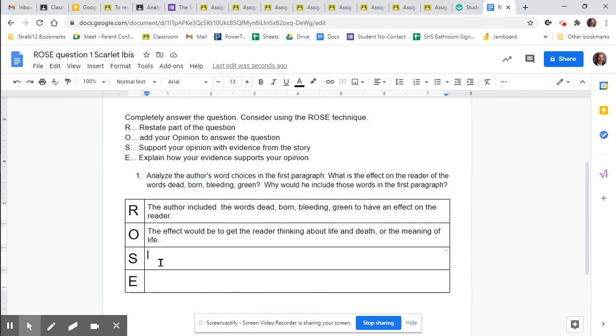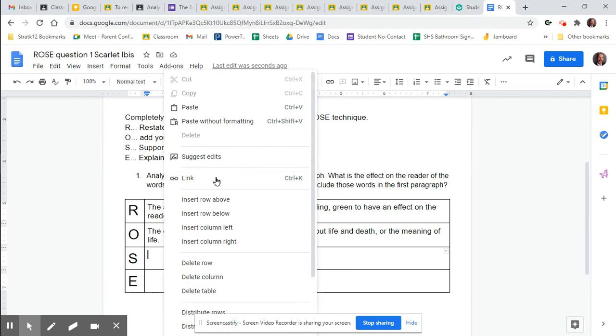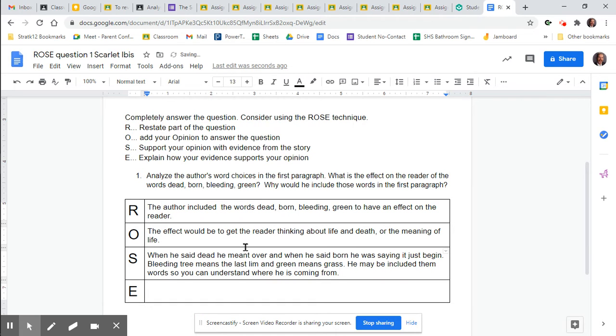So I'm going to paste his answer in right here. But then I'm going to try to figure out what he really meant by when he said dead, he meant over, and when he said born, he was saying just beginning.